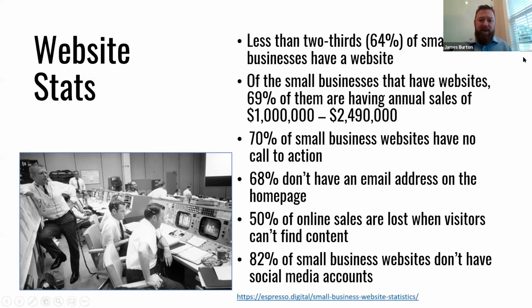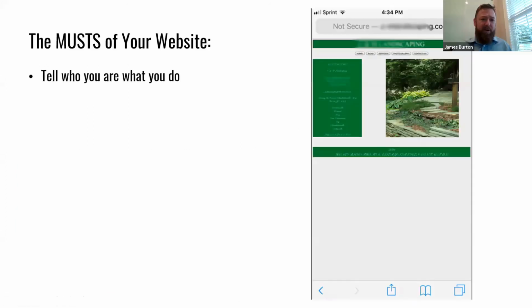And I've even brought a couple examples here. So the musts of your website, you've got to tell people who you are and what you do. For some established businesses, you probably have this under control, but a lot of small businesses are just getting started, just building websites, or maybe need to update their websites. This was a mobile experience for a landscaper in Charlottesville that I was looking at, and there were several things that jumped out on this that said, okay, well, what does he do?